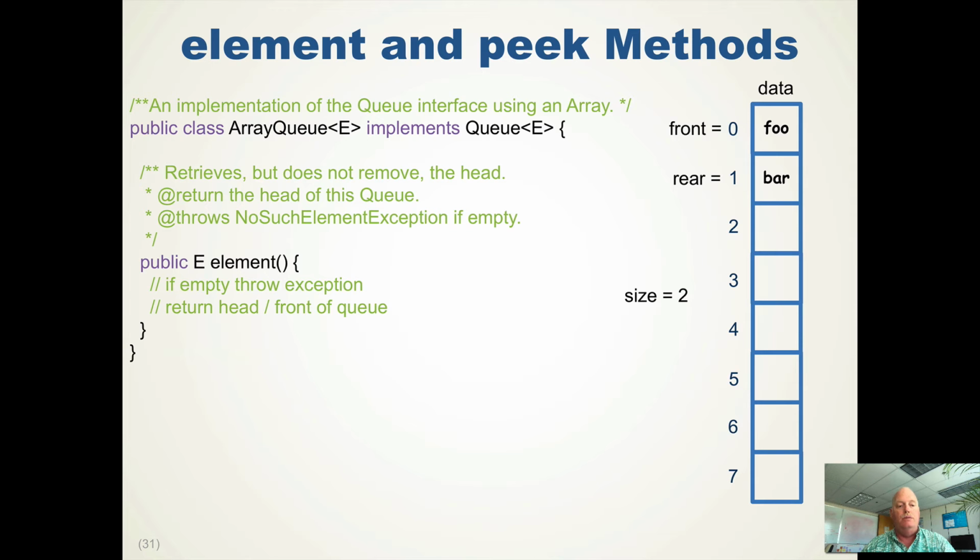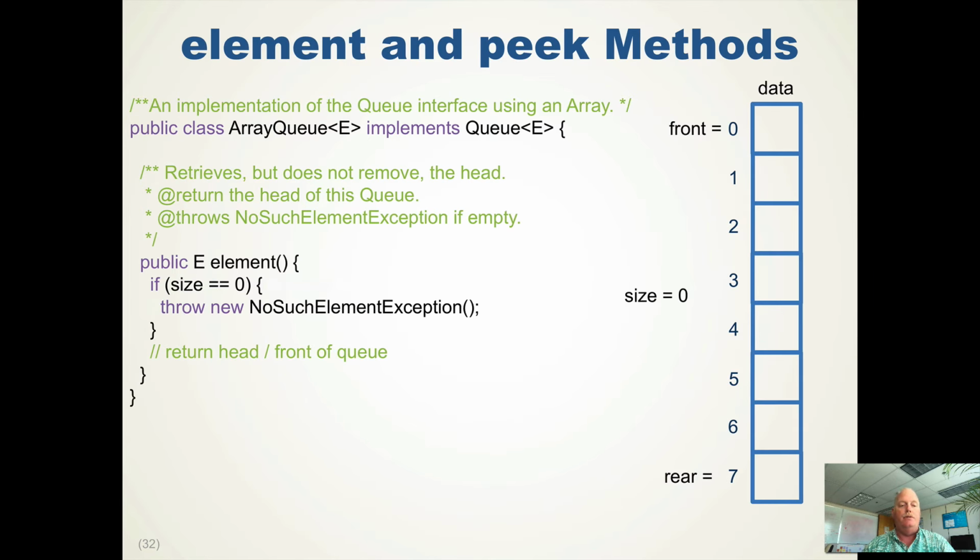And so we check to see if it's empty by saying if size is 0. If it is, we should throw a no such element exception. And then if it's not, we return the data at front. So we're not updating front. We're just saying this is the thing at the front of the queue. And the big O of this operation is 1 because it's just basically accessing an array.